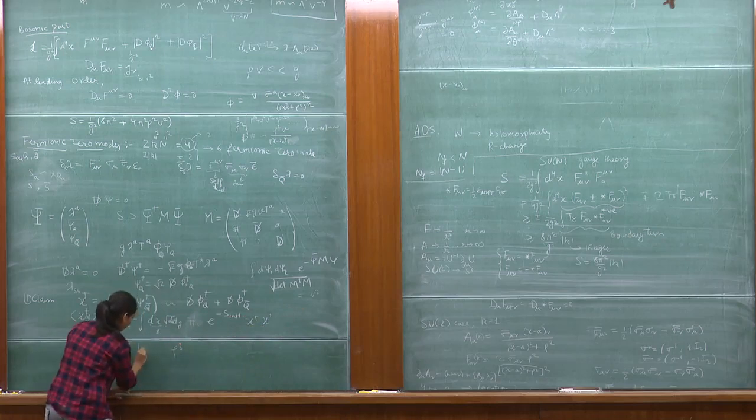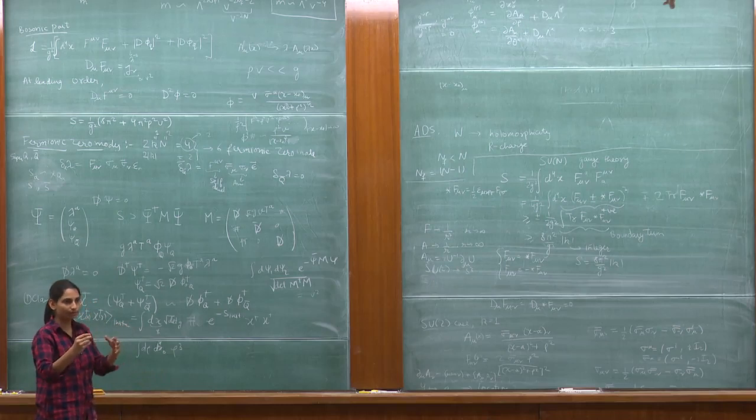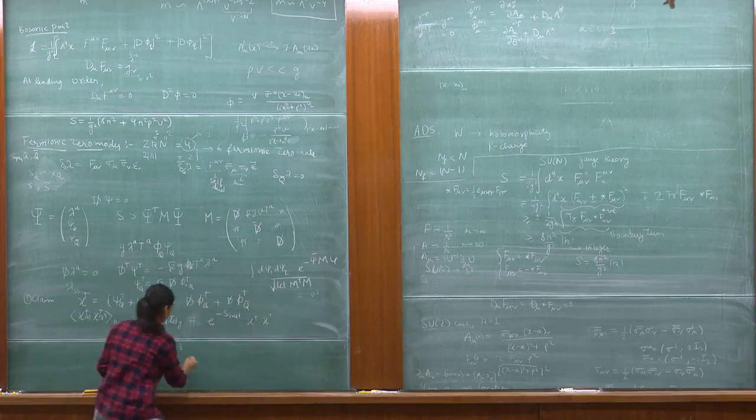There is an integral over d rho d4 x naught. There is a gauge integral also, with a Haar measure, but it's a constant, not dependent on rho. So from here you get rho cubed, and from here a v squared.